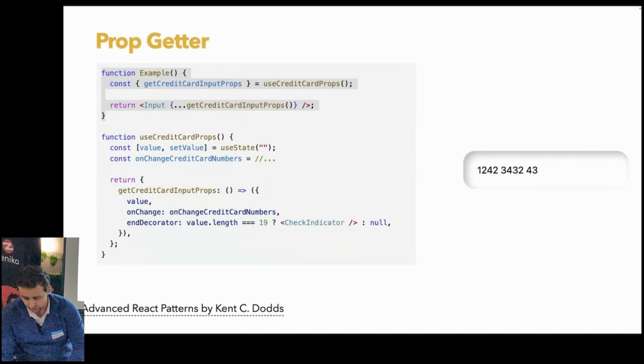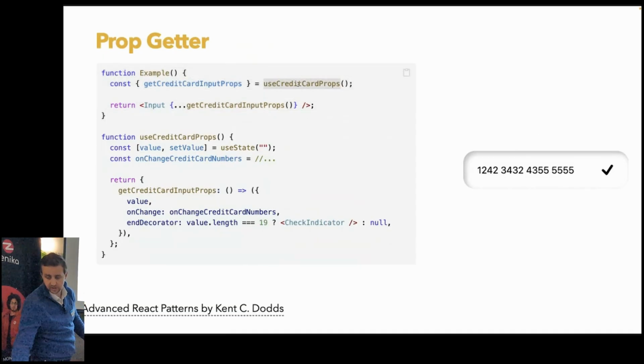If I try to put letters instead of a number, it doesn't work. And when it's finished, it puts the check. So all the logic is inside this hook, and there is not so much duplication anymore. Every time you want all the logic of a credit card, you just do that. That's all.